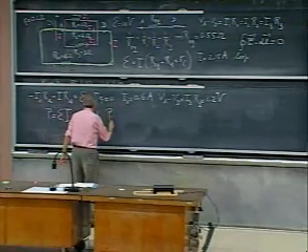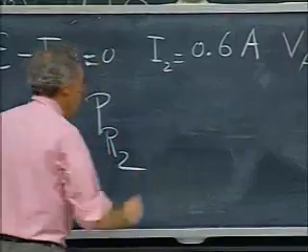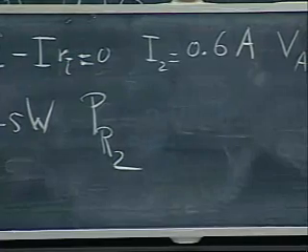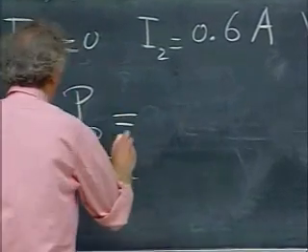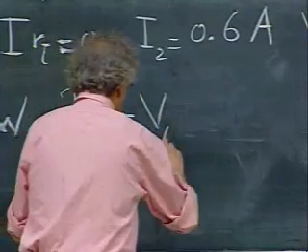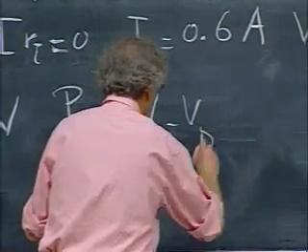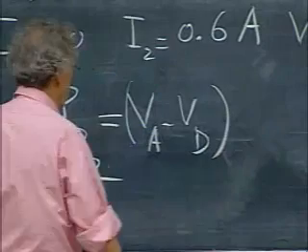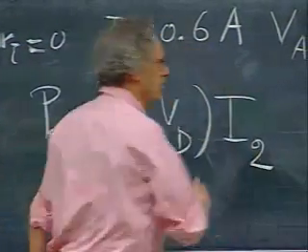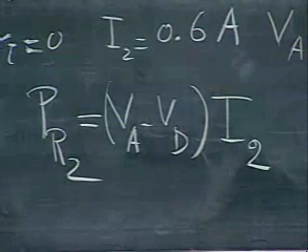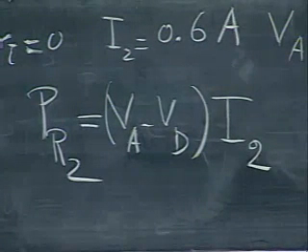How much power comes out in resistance R2? Well, that is, of course, the potential difference over R2, which was that VA minus VD, times the current through R2. That's power. Power is potential difference times current. This is the total power delivered by the battery.